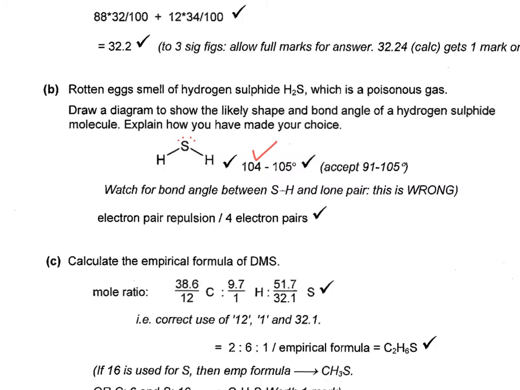There's 4 electron pairs, or 4 regions of electron density, and reference was made to electron pair repulsion in the answer as well. So this would obviously be a shorthand for the examiner's benefit of what they'd be expecting you to talk about.